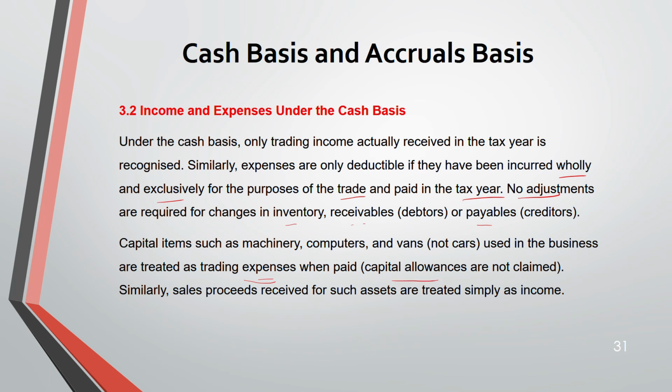Remember, capital allowances you claim for capital expenditure, not revenue expenditure. So trading expenses are your revenue expenditure, and for these you can't claim capital allowances. The sale proceeds you receive when selling machinery used in the business are your trading income.